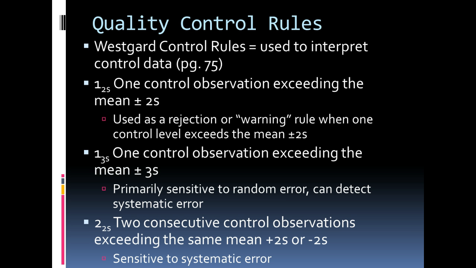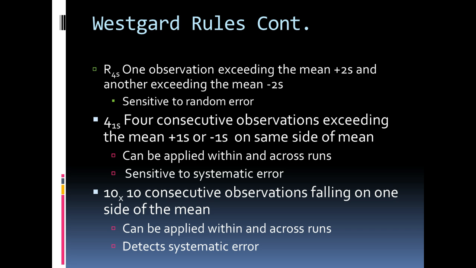2-2S, which is usually you had the 1-2S one time, now you're going to have it happen again, and that would be a rejection. 2 points out 2 standard deviations. R4S is one observation exceeding the mean plus 2 standard deviations and another exceeding the mean minus 2 standard deviations.